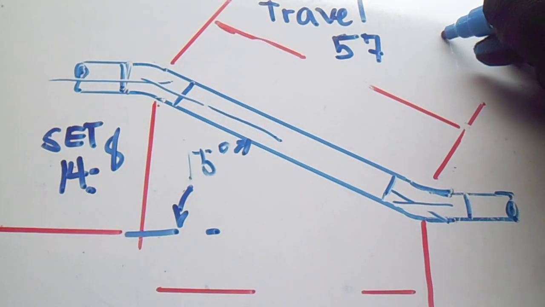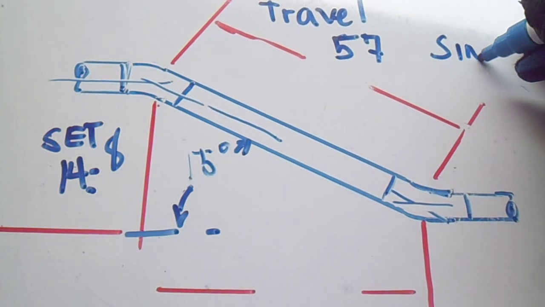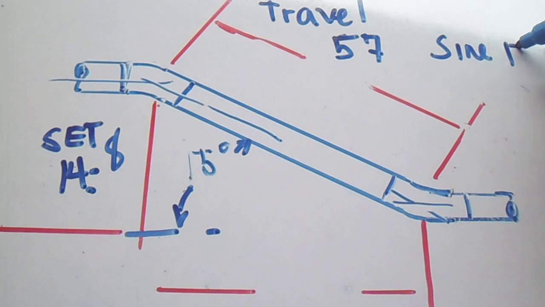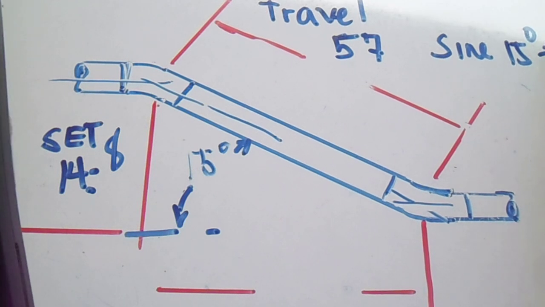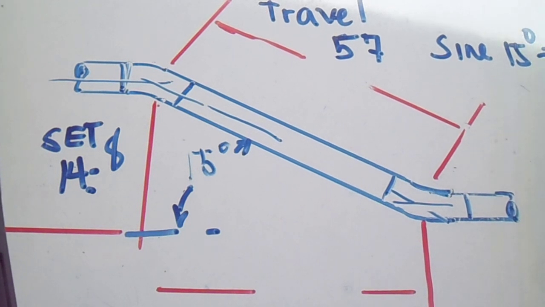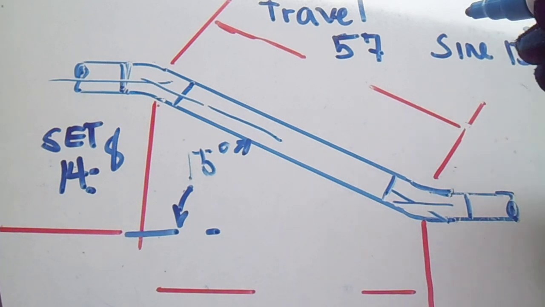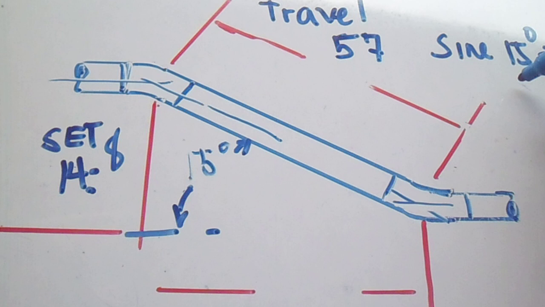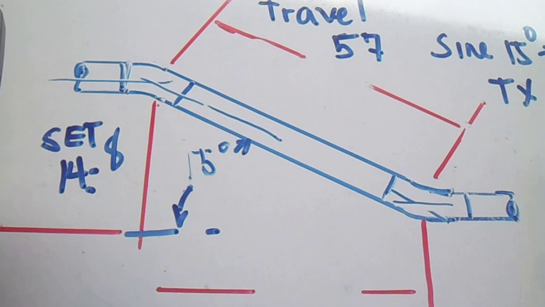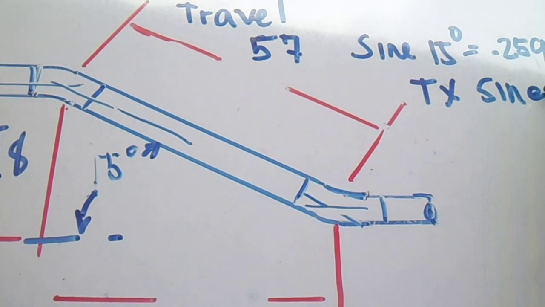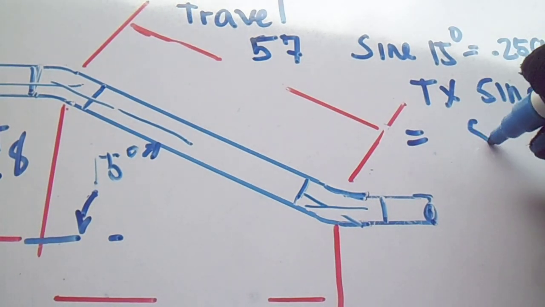So we have the sine of 15 degrees is equal to 0.259. Okay, just multiply the travel and the sine equals set.